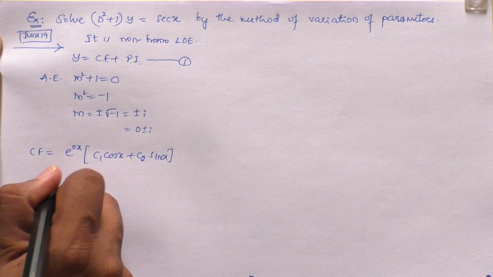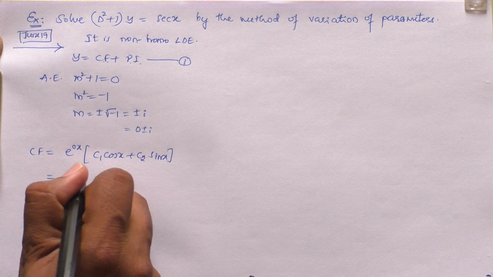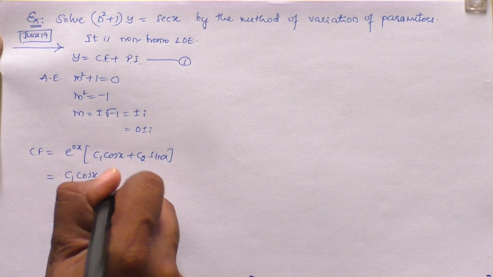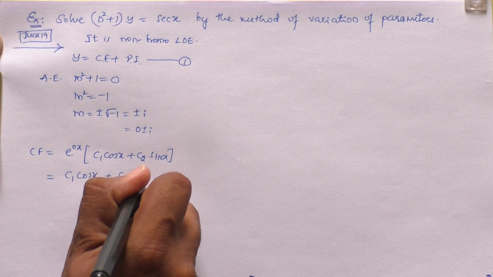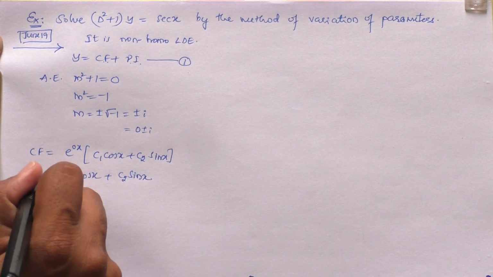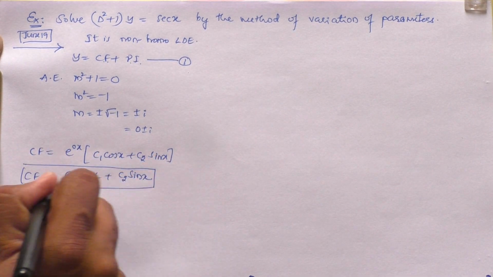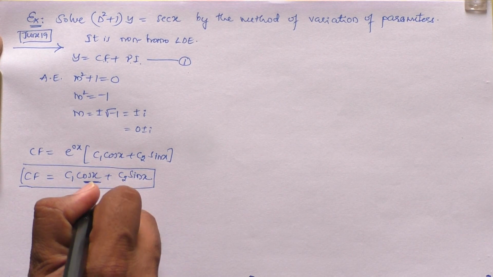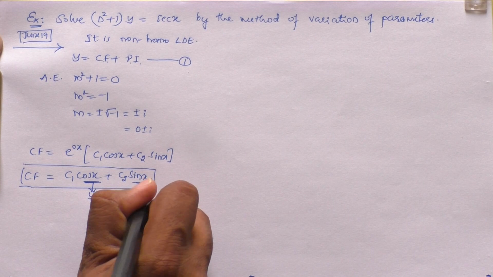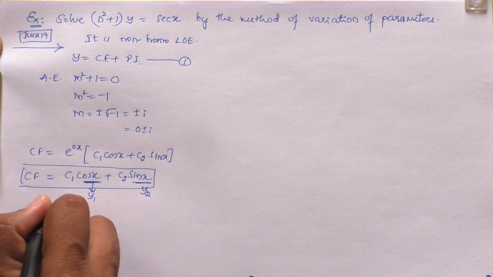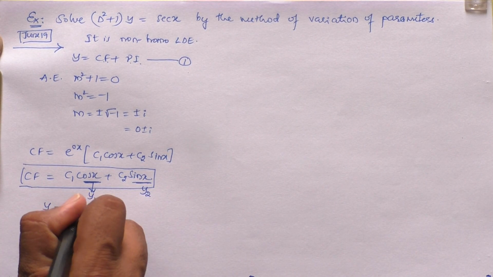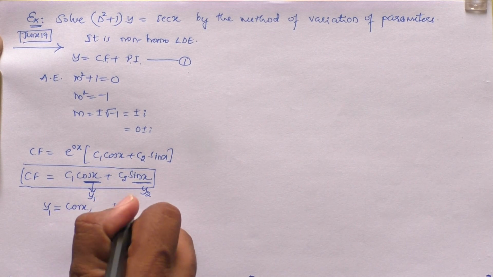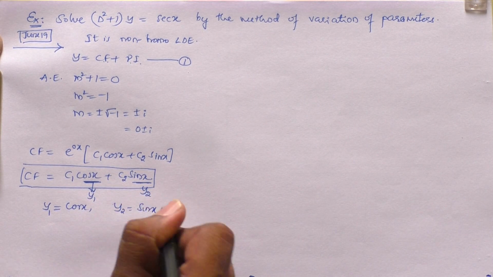Here e raised to 0 is 1, so CF is C1 cos x plus C2 sin x. The multiple of C1 is y1 and the multiple of C2 is y2, so y1 is cos x and y2 is sin x.